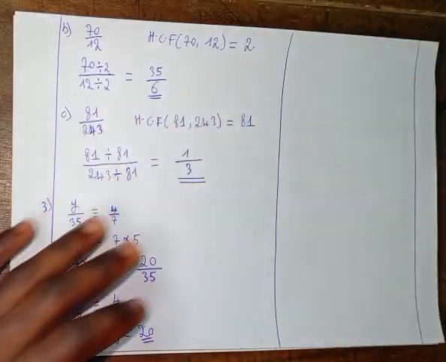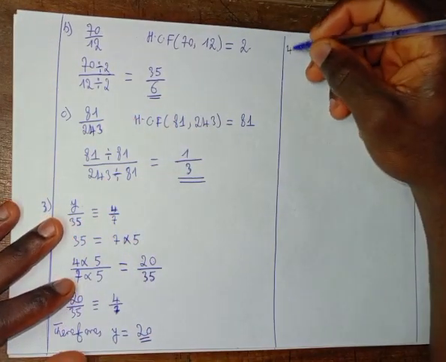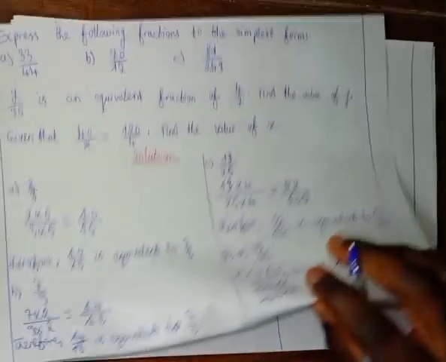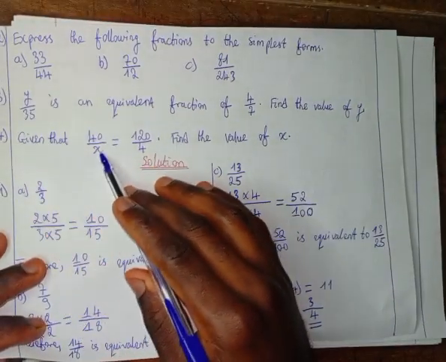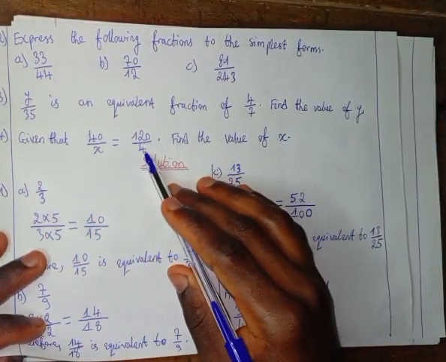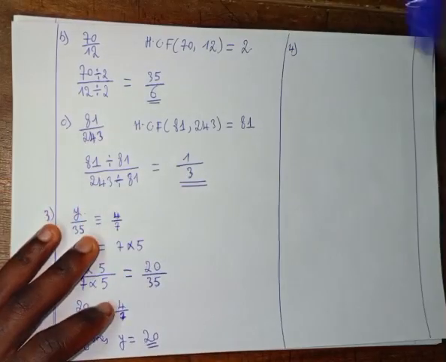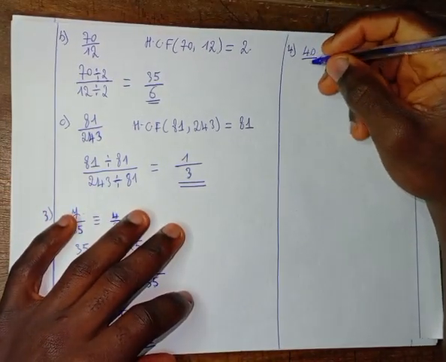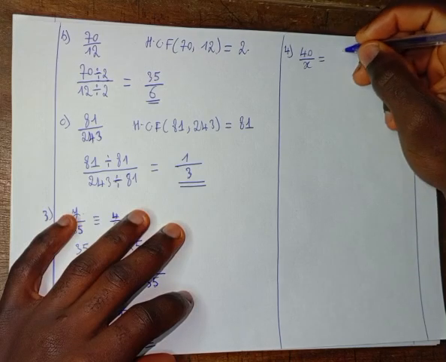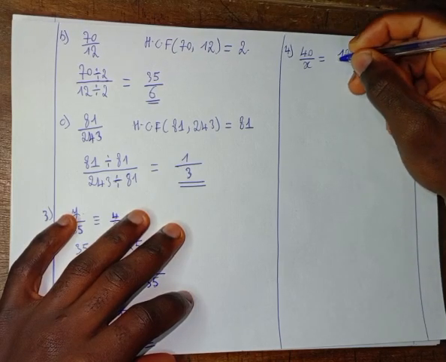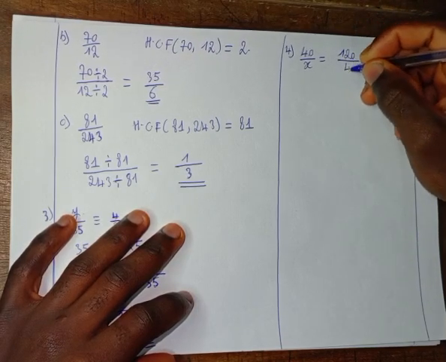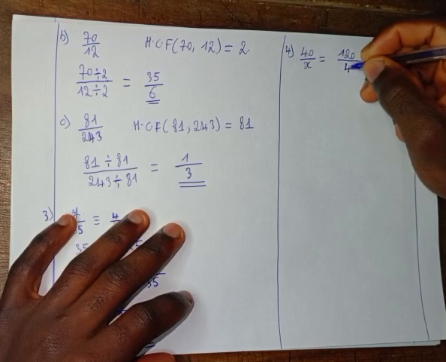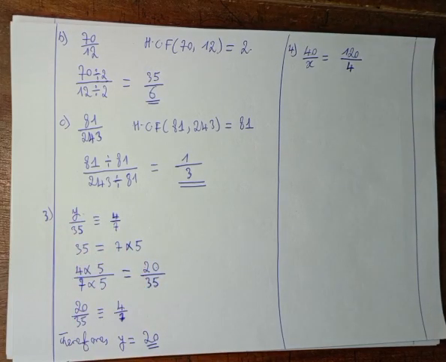Go to question 4. For question 4, given that 40 over x is equal to 120 over 4, find the value of x. 40 over x is equal to 120 all over 4. We are required to find the value of x.